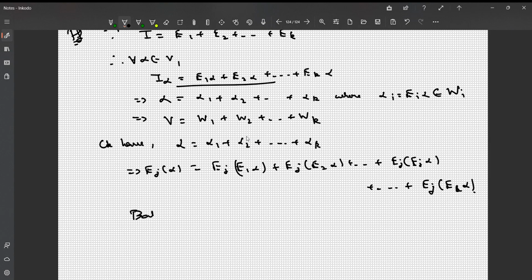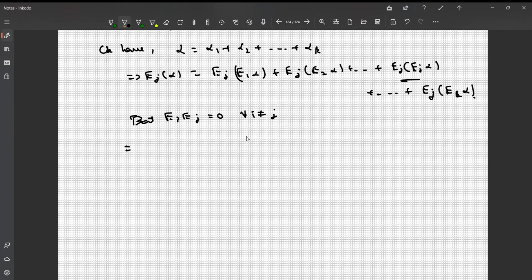But we have that Ei Ej is equal to 0 for all i not equal to j. Therefore every element except this one vanishes, right? So this implies Ej of alpha is nothing but Ej squared of alpha, right? This we typically have in hand.